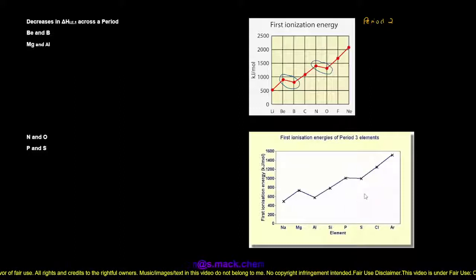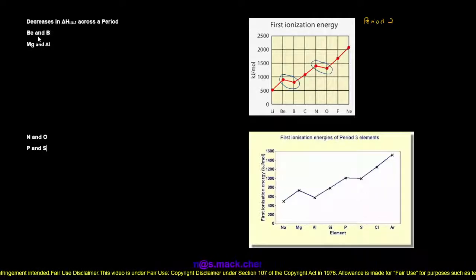We are going to examine these decreases in first ionization energy by taking a look at these pairs of elements as they would appear in the periodic table. Meaning, we're going to compare the decrease in first ionization energy from beryllium to boron and magnesium to aluminum, as the same reason would explain these decreases.